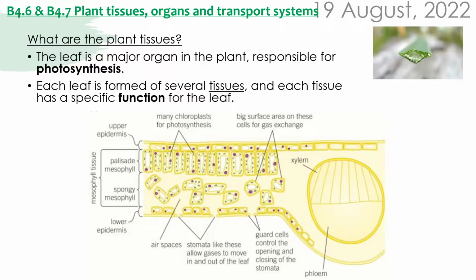So really, I suppose the most major organ in the plant, I know it sounds weird to say organ of a plant, is actually the leaf. It's responsible for photosynthesis.